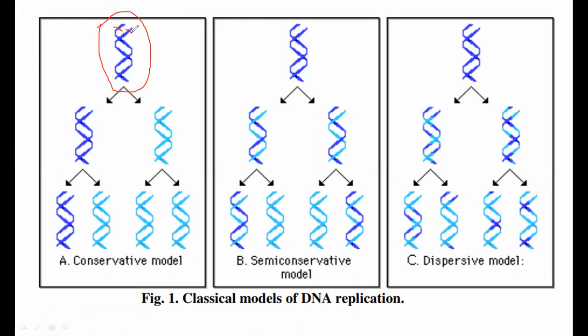What this conservative model says is that when these two strands separate from each other, each strand serves as a template. This will synthesize a new DNA strand, and this will synthesize a new DNA strand.